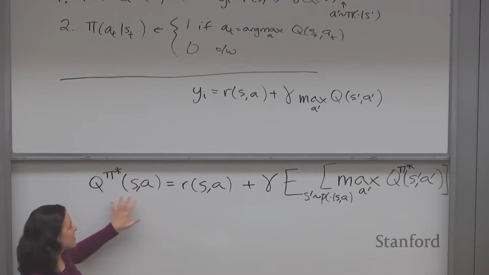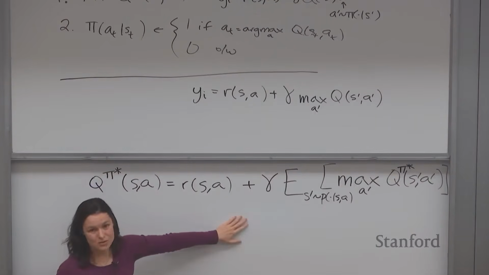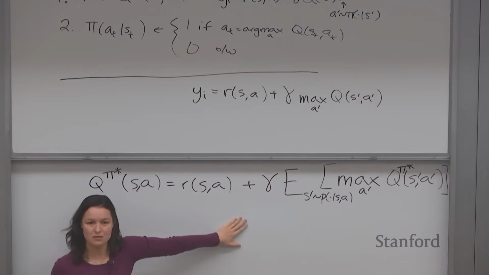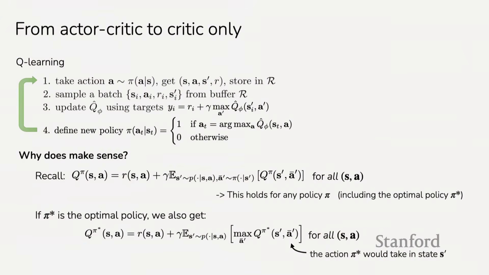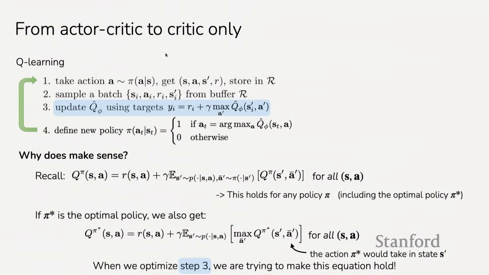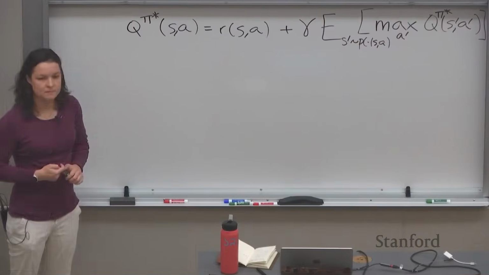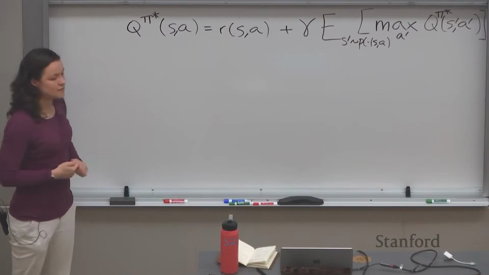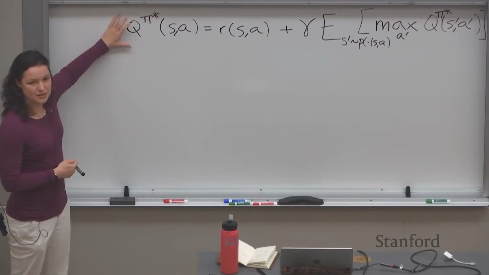So we're trying to make the left side of the equation equal to the right side. And when this equation is true, that means our policy is optimal. So one way to think about Q-learning is that when we're optimizing step 3, we're trying to find a Q function that satisfies this equation, which only holds for the optimal policy.